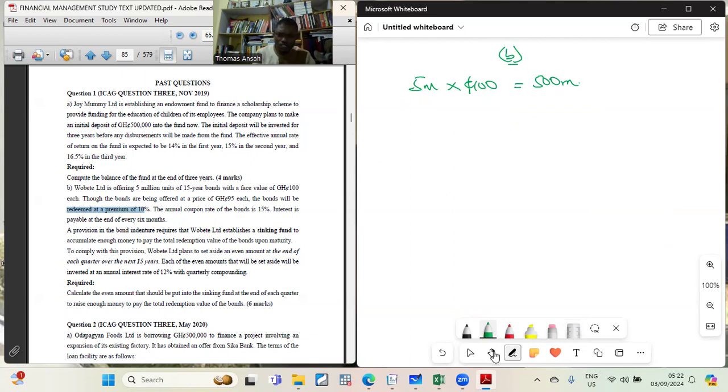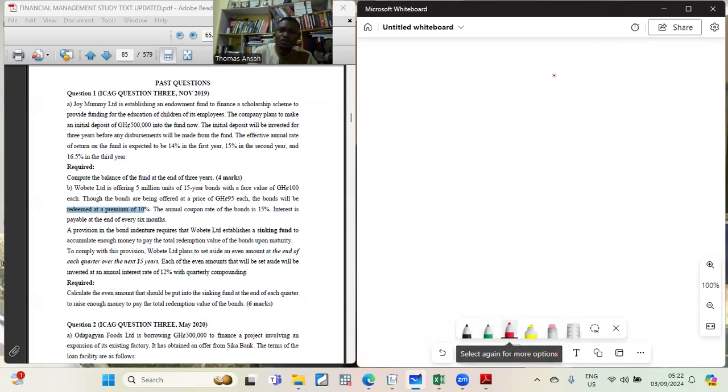When somebody issues a bond, it means the person is buying a debt. That is the first thing you need to understand. Anytime you hear that somebody has issued bond, it means that the person is what? Buying a debt. So as a Ghanaian, you should understand these words. A bond, government bond, this bond. What does it mean?